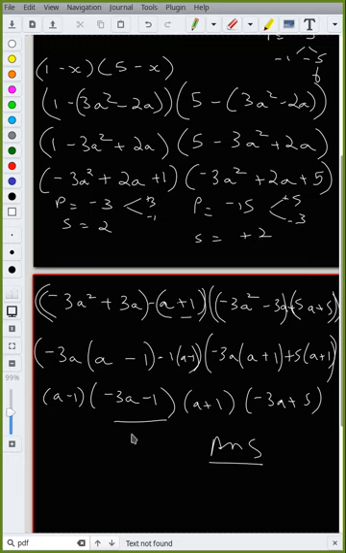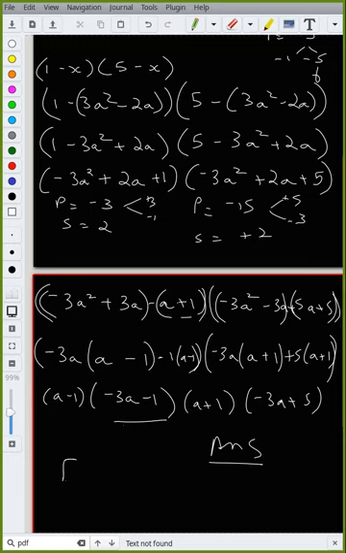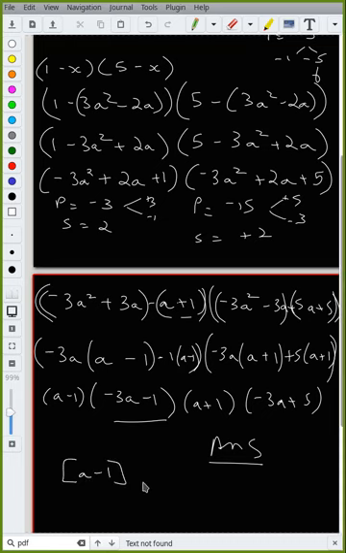Could you repeat yourself, Aryan? Sir, in our school, ma'am made us do an additional step. You open the brackets for a minus 1 and then minus 3a minus 1. Ma'am made us write it as square brackets a minus 1 into minus 3a minus 1. And then same on the other side.